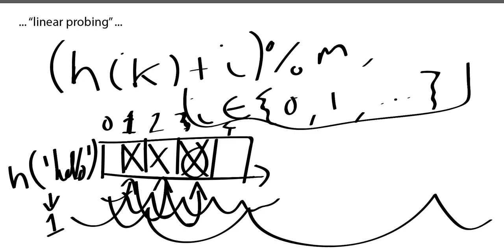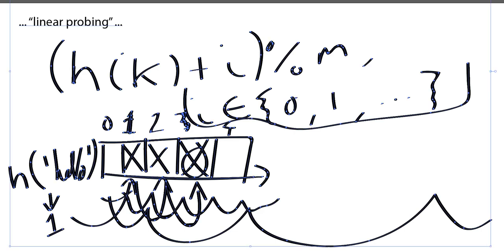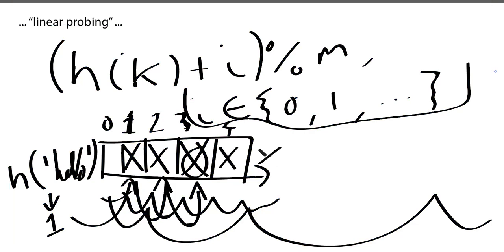So yeah, that's the idea behind linear probing. And as you can see, if we had a bunch of x's here, we'd have to make a lot of jumps, right? So that's why we say this can lead to long probe sequences.